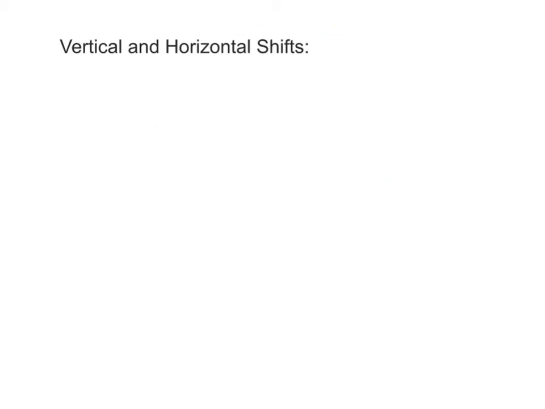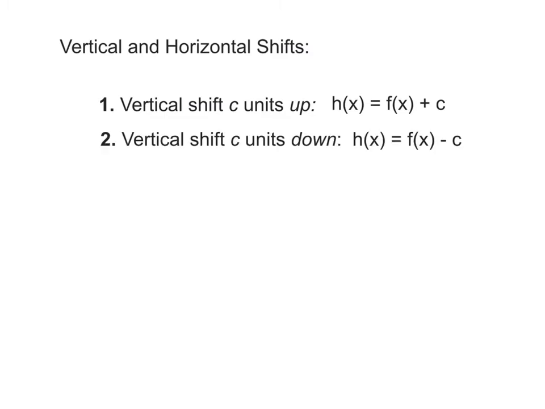So now let's summarize vertical and horizontal shifts. A vertical shift of c units up is simply going to involve taking the function and adding c to it. So h of x is simply equal to f of x plus c. A vertical shift of c units down is simply you take the original function f of x and subtract c from it, or h of x is equal to f of x minus c.